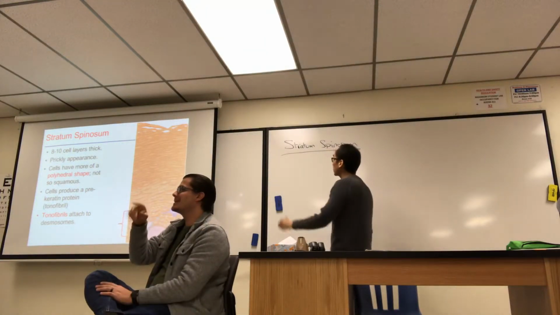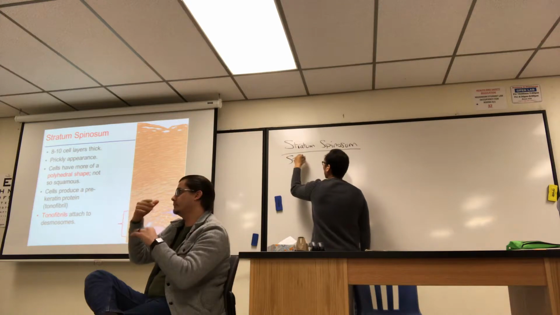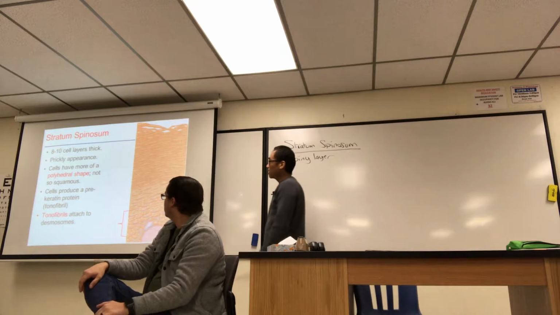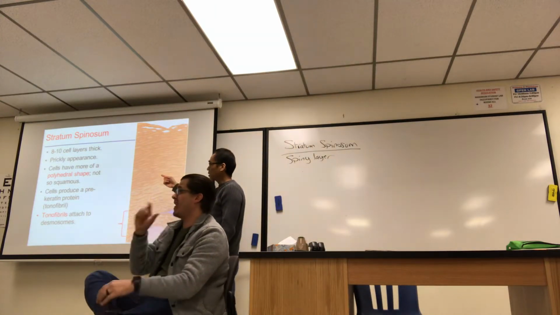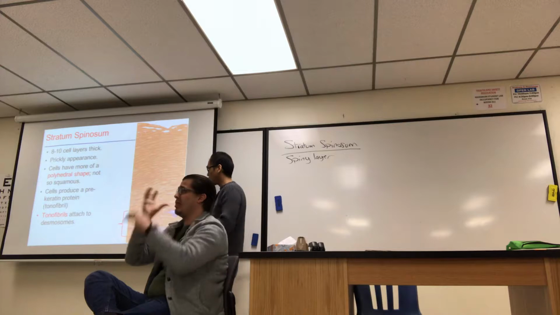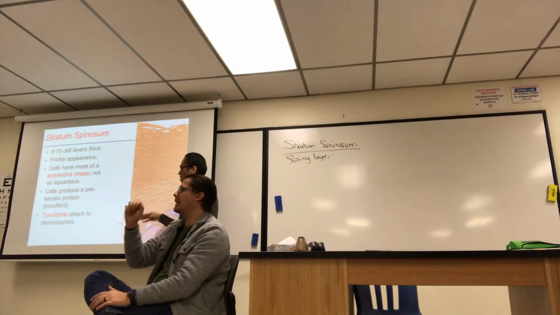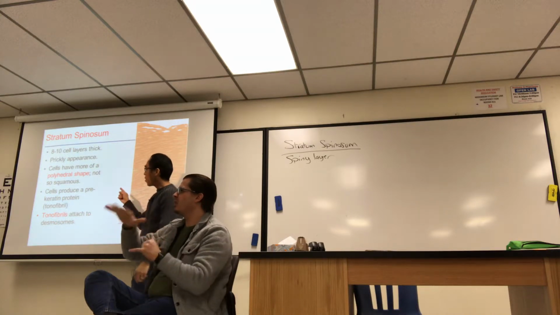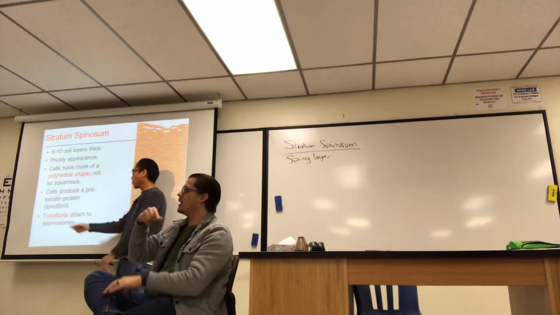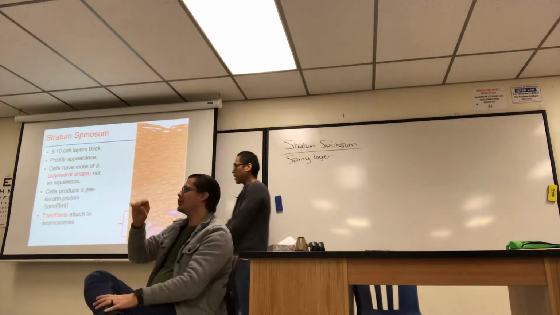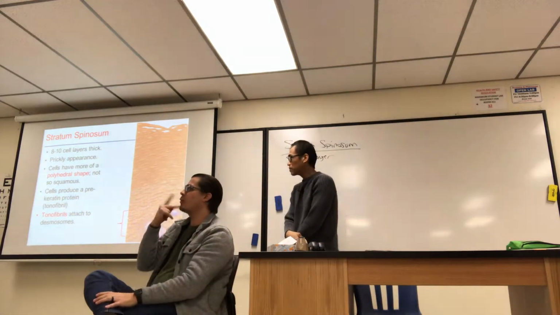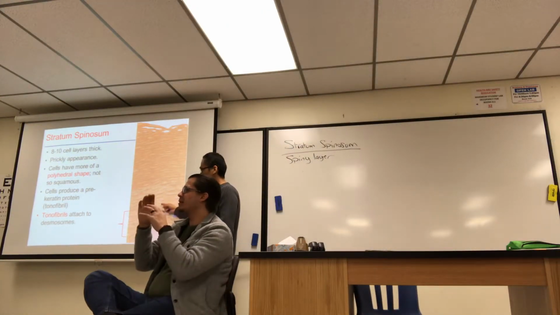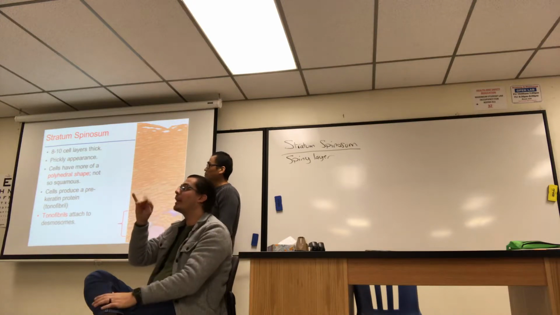And hence the name. Let me read what I have on my slide. It's a pretty thick layer, 8 to 10 cell layers thick. It has a prickly appearance. The cells have this polyhedral shape. They're not squamous yet. They're still kind of roundish. The reason why the cells look like pincushions is they're producing a pre-keratin-like protein called tonofibrils. And that kind of gives the cells in this layer this prickly appearance, hence the name stratum spinosum.